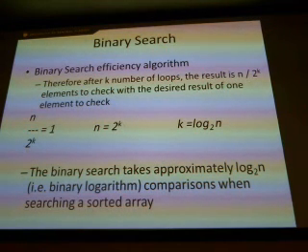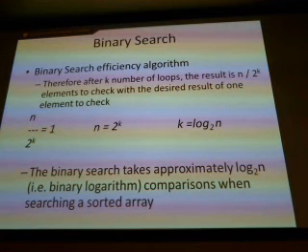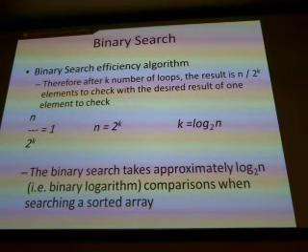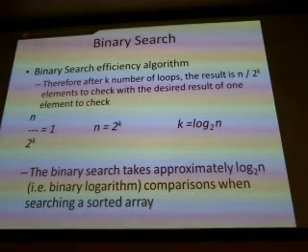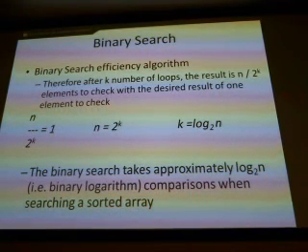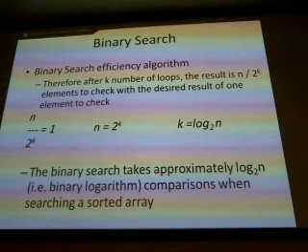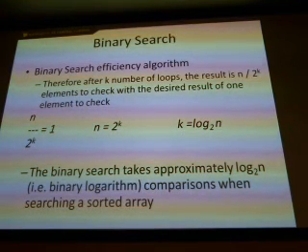So if we do n over 2^k, set it equal to 1, do our basic math to get n by itself, now n equals 2^k, and then our k is actually log 2 n.